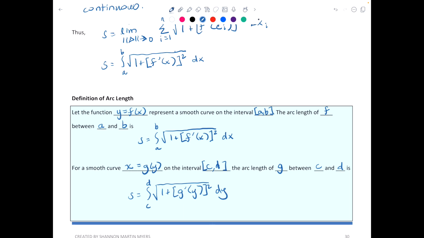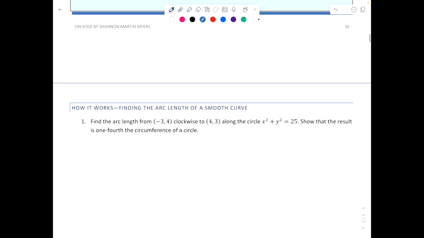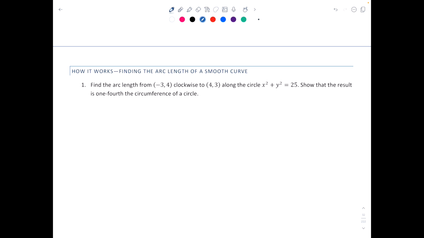So let's take a look at an example and see how this works. We want to find the arc length from (-3, 4) going clockwise to (4, 3) along the circle x squared plus y squared equals 25. It's easier for me to match a grid to my circle, so let me put that over here.